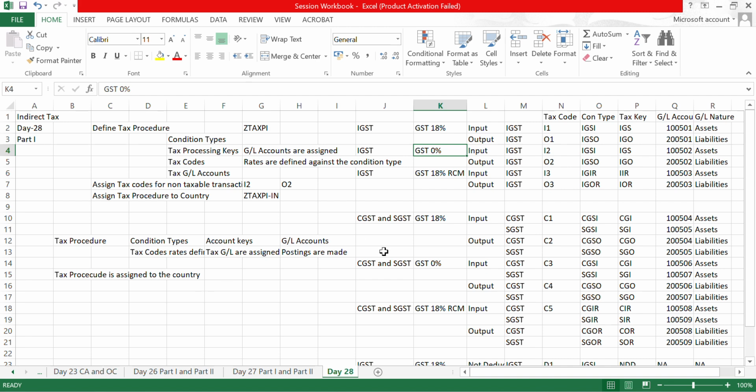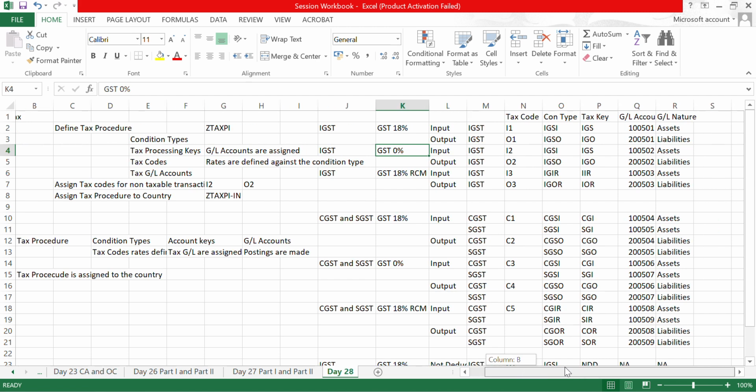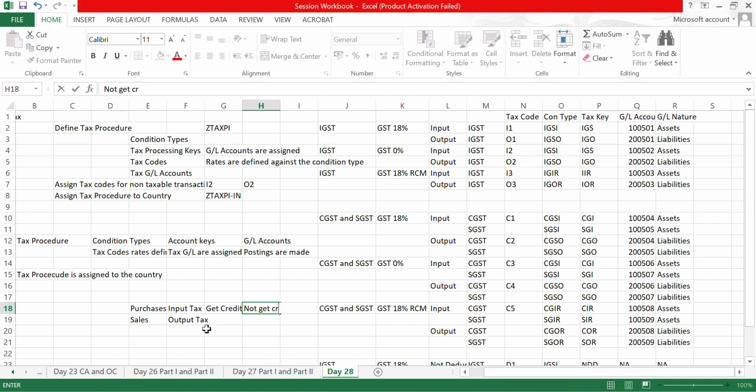Let us try to understand the table that I have drawn on the right. We know that on purchases there is input tax, and on sales there is output tax. Input tax, we may get credit or not get credit.